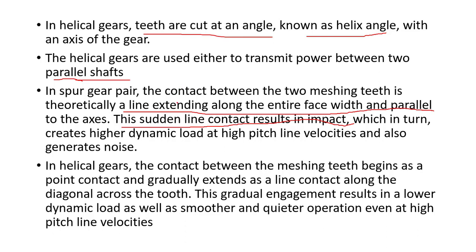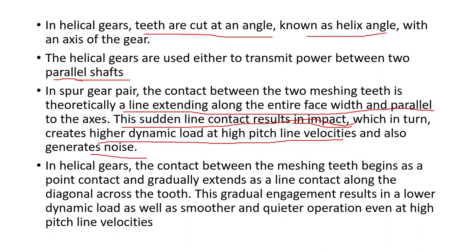So in spur gear, we are transferring force by impact, which in turn creates higher dynamic load at a high pitch line velocity. If our pitch line velocity is high, the impact is more, which creates dynamic load and also generates noise.